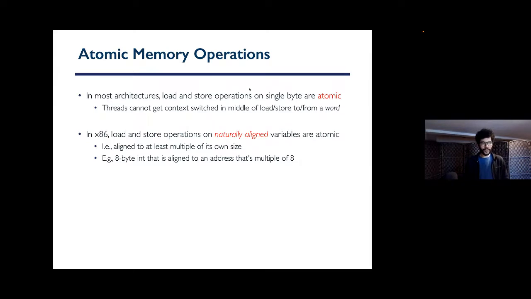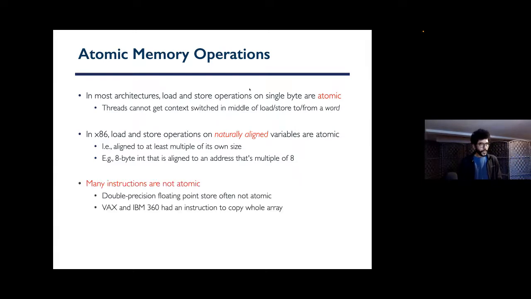For example, if you have an integer in a 64-bit system, so it has 8 bytes, and the address of this integer is a multiple of 8, then in an x86 system, if you load or store to this integer, it's going to be atomic. So either the entire integer changes or none of it changes. You can't get interrupted in the middle of it.